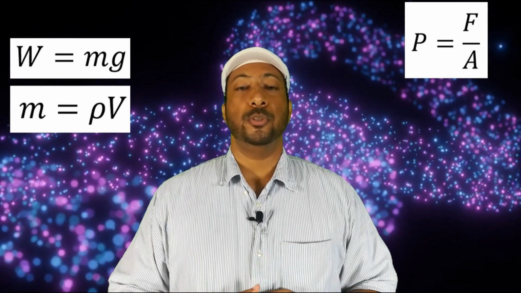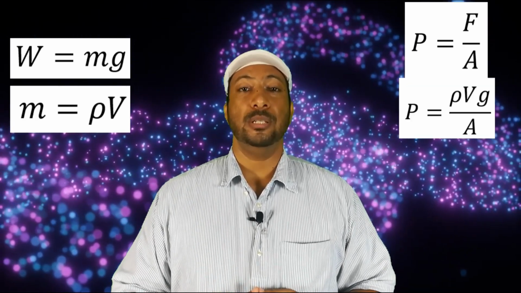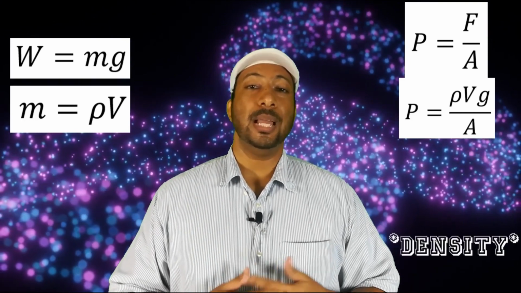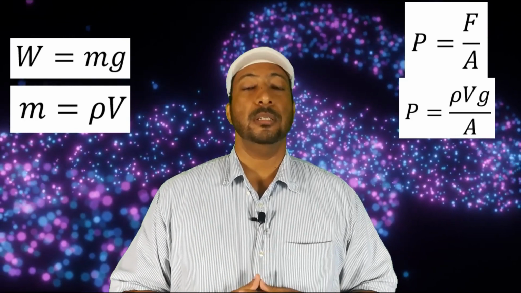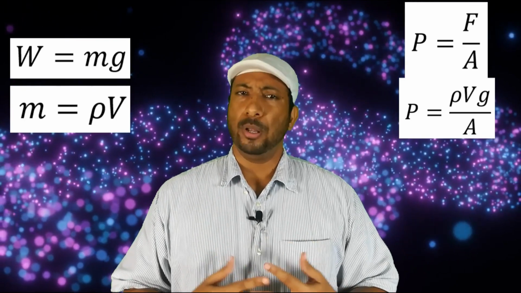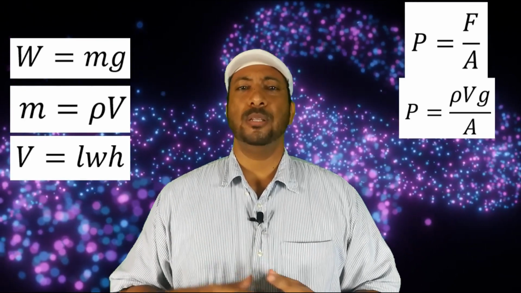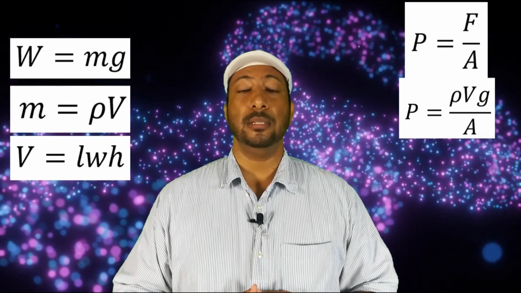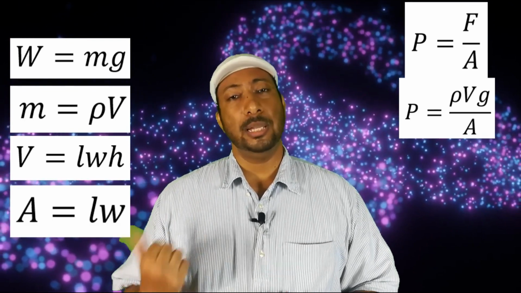If we were to substitute those into our formula, P equals F over A, then we'll get that the pressure is equal to density times volume times gravity divided by area. But recall that volume is equal to length times width times height, and area is equal to length times width.